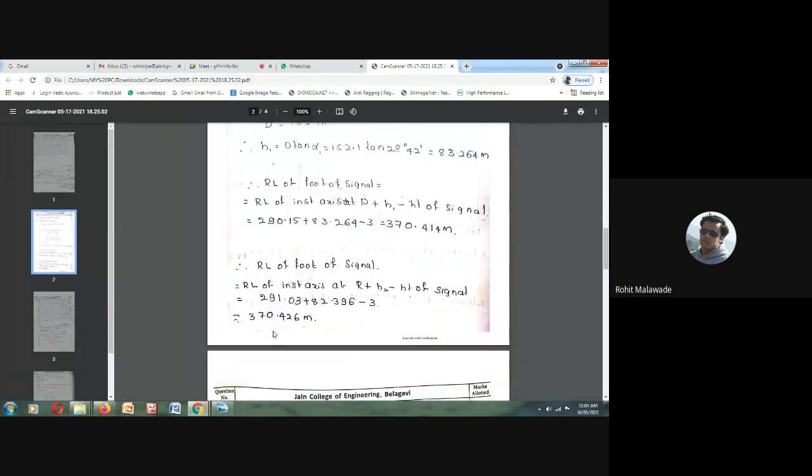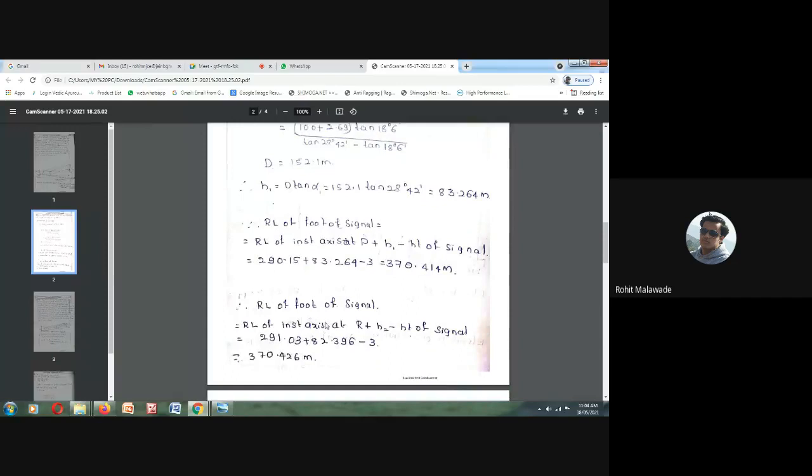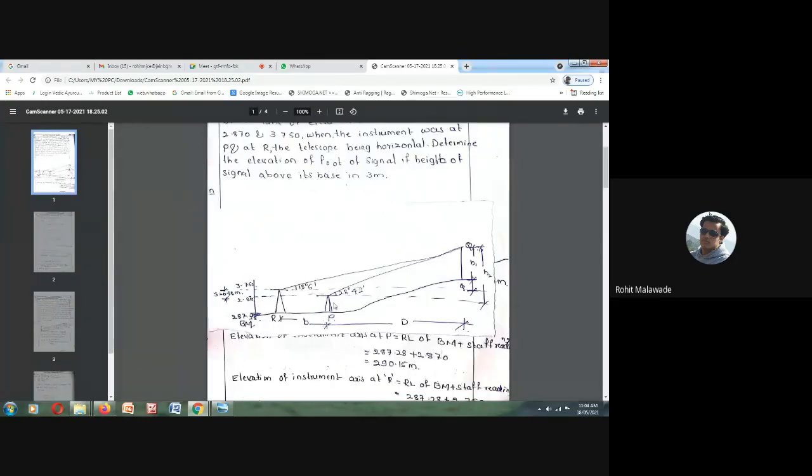Now the RL of the foot of the signal. From this particular point, what is the difference in height?